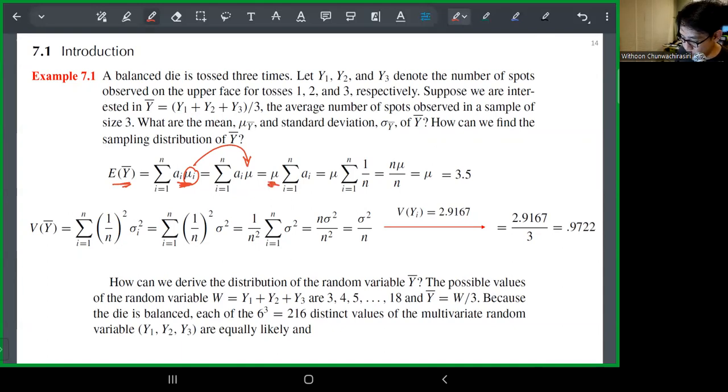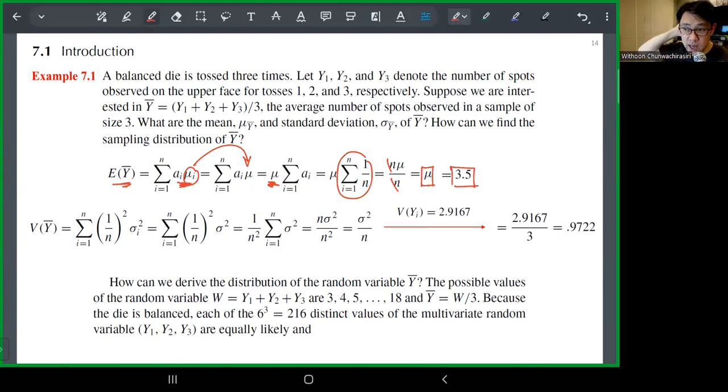And because the coefficient is simply 1/3, or in general you can put any n into it, it doesn't have to be 3, at the end the summation and 1/n will cancel out. So you get the mean mu back.